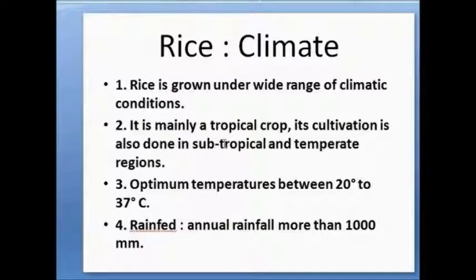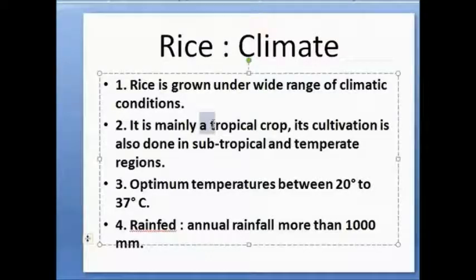But from an agronomic point of view, rice is a tropical crop. It means it is grown in higher temperature zones, but it also can be grown in other climatic zones like subtropical and temperate.